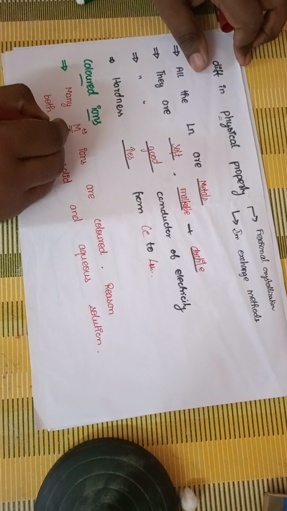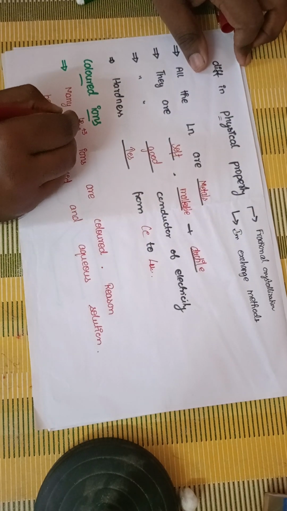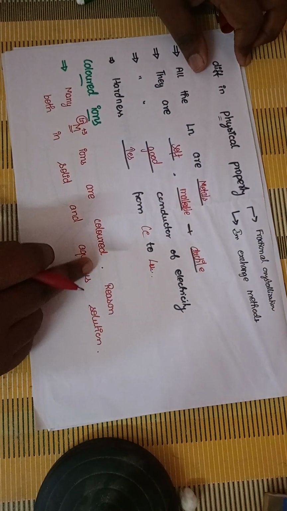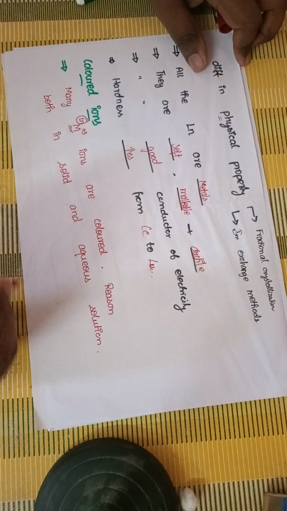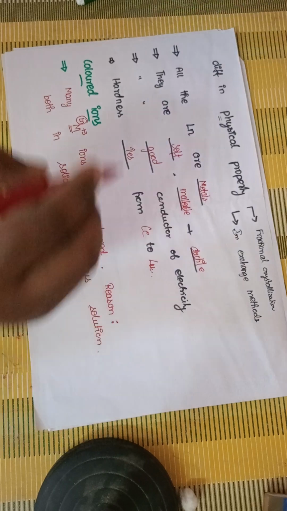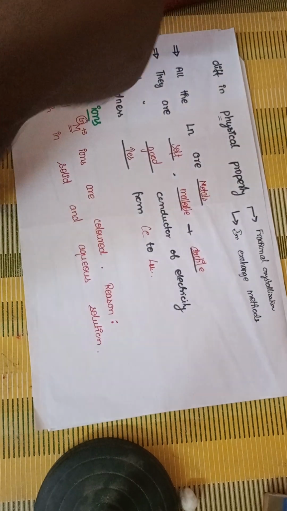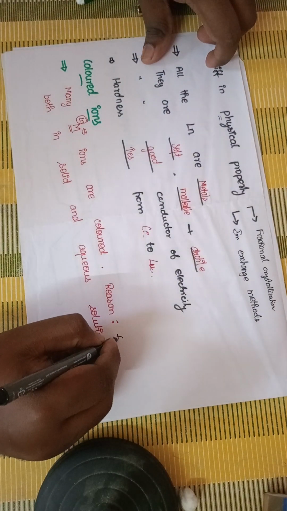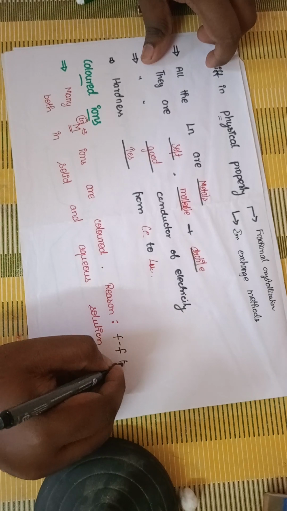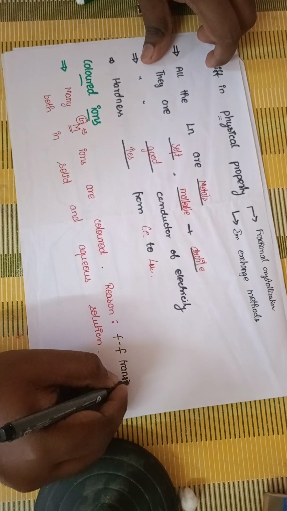This M3+ means Ln3+. Many M3+ lanthanide ions are colored. The reason is due to f-f transition. In d-block, in the transition series, we have d-d transition. Here we have f-f transition.